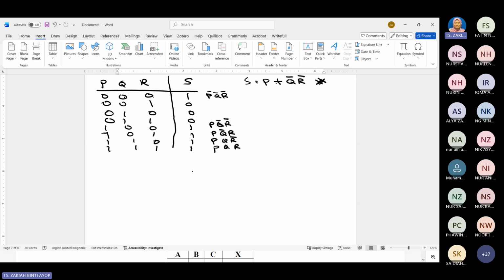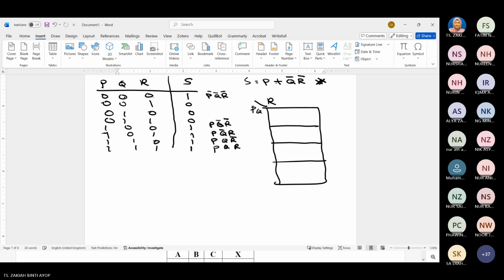So to draw the Karnaugh map, I'll use PQ at the bottom and then R. Now it should become like this, 1, 2, 3, 4. Now this will become 0, this will become 1, 0, 0, 0, 1, 1, 1, 1, 0.